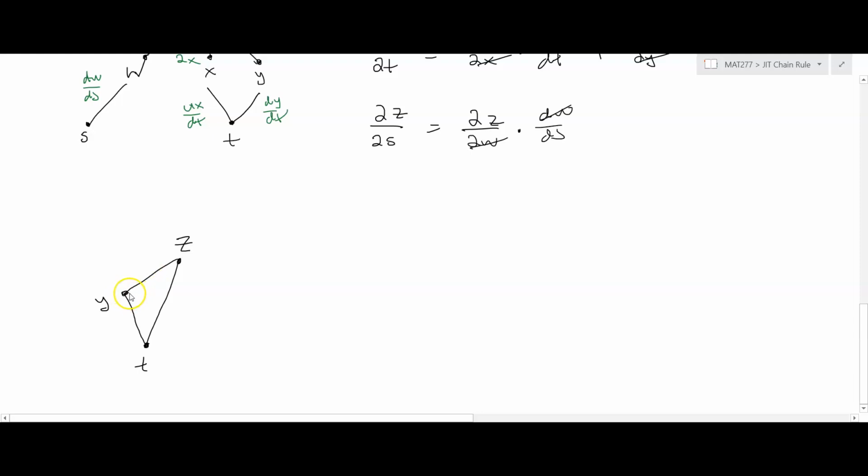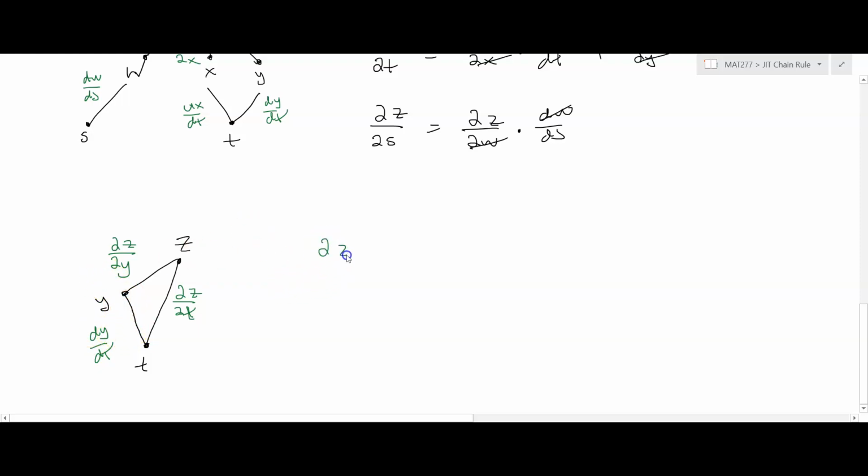It will change because of y, and y will change because of t. And then z has a direct correspondence to t as well. So maybe, I won't give an applied example because I think it'll get a little convoluted. But we have dz dy, and we have dz dt. Now the reason I'm writing this partial operator here is because z depends on two inputs. But y only depends on one. So depending on how many links are coming off that link will determine whether it's a multivariable function or not.